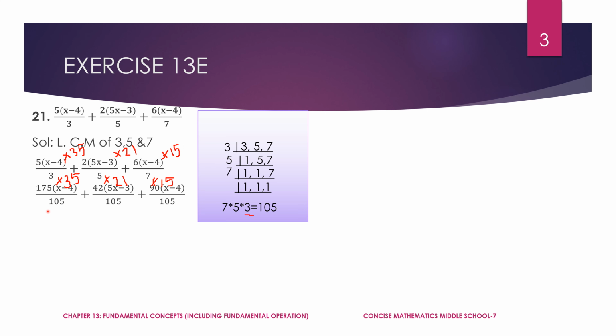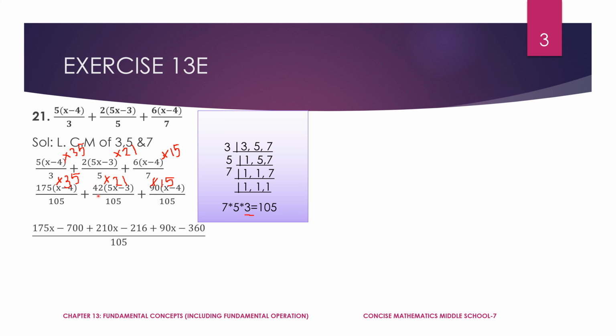All are having the same value. Now just multiply this, 175 into x, 175x. This one should be multiplied with minus 4, plus into minus, minus. 175 into 4 is 700. Because it has a plus sign, you can write it down as it is. If it is minus, then there is a chance of changing the sign, right?